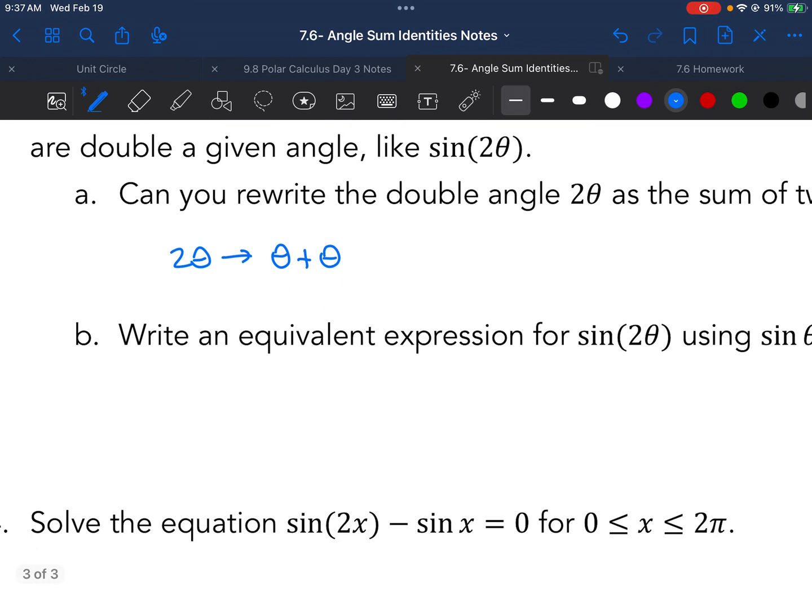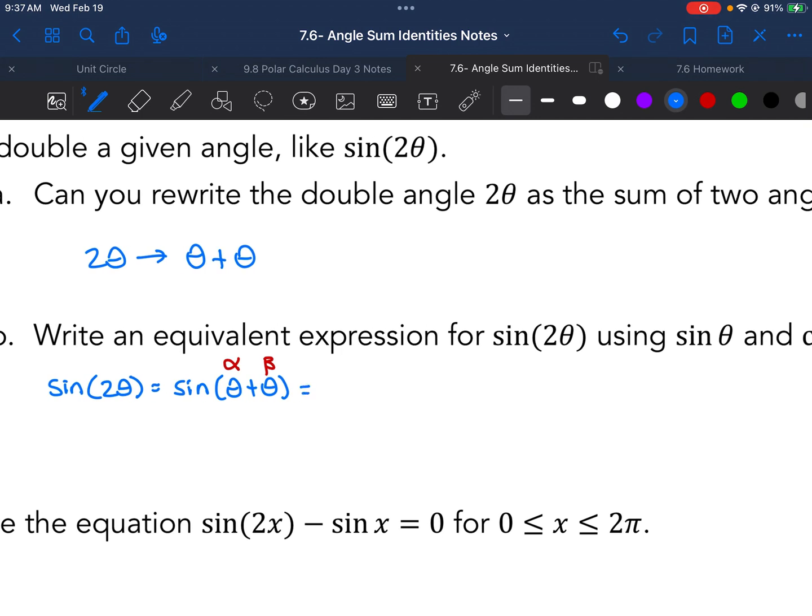So now, let's take sine of 2 theta. Let's write it as sine of theta plus theta. So we're taking 2 theta and we're representing it as a sum. This means that for the formulas up above, the addition formula for sine, both alpha and beta would be theta.